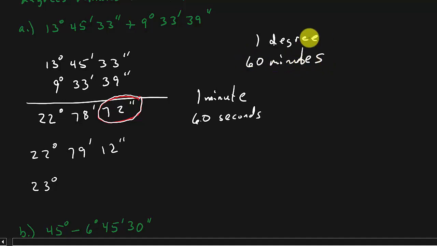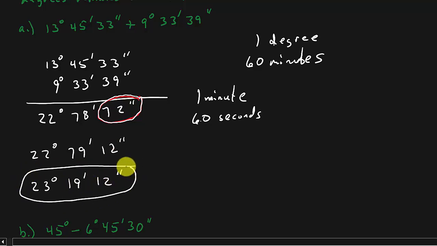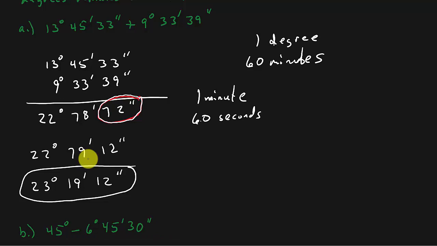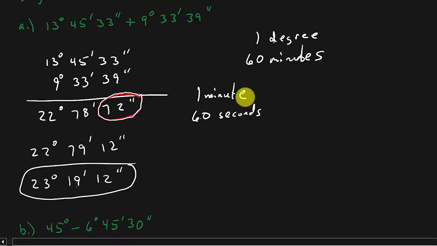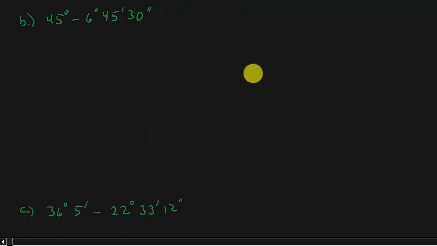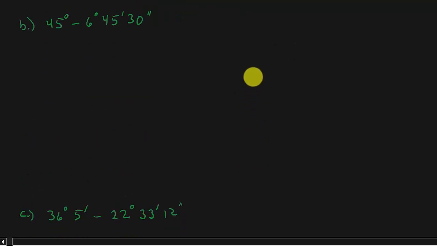They're the same thing. And so that's going to leave me with 19 minutes, and then that's still just 12 seconds. And that would be your answer. So when you're doing this, if your seconds or your minutes are 60 or more, then you've got to do this to it. All right. Now, let's look at this.